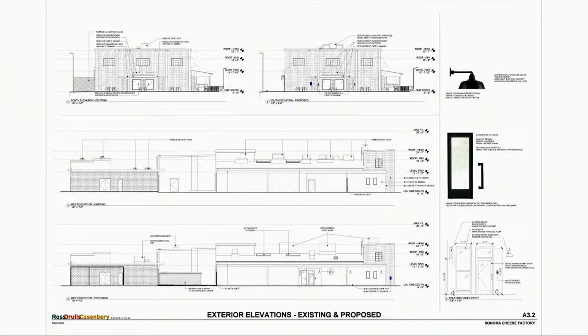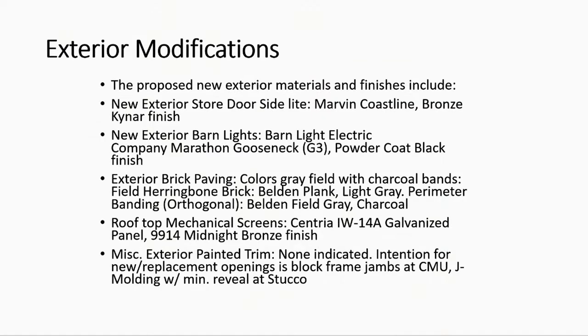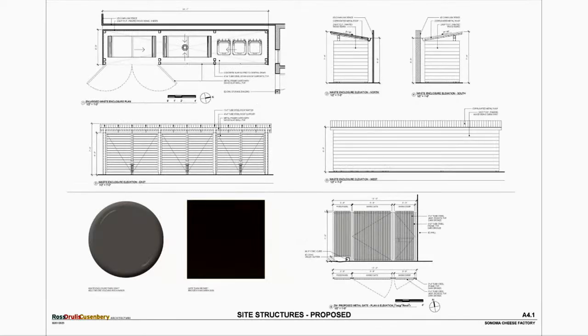And then the west elevation, I believe. So the proposed exterior materials and finishes include new side lights, barn lights, new painting, the mechanical screens, and paint.